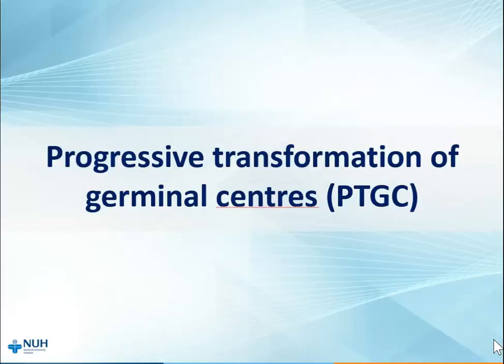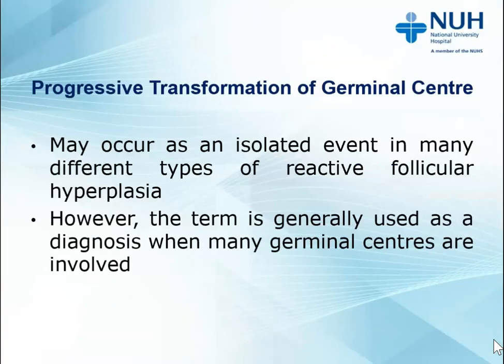Next, we look at progressive transformation of germinal centers or PTGC. This is a reactive phenomenon seen in follicular hyperplasia as an isolated event. As such, it is not a diagnosis by itself, but is used as a descriptive term to distinguish it from a lymphoma.